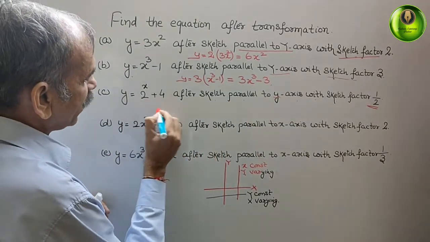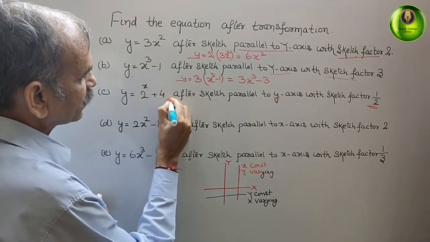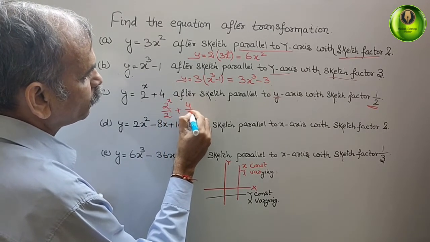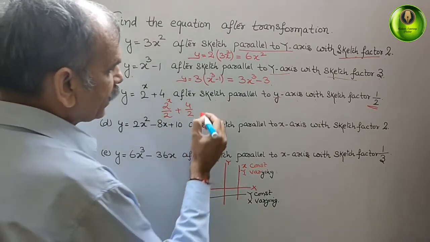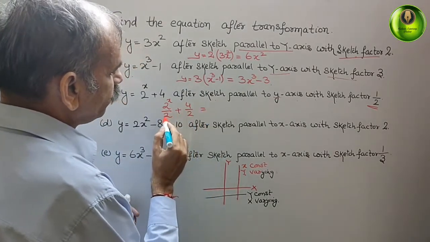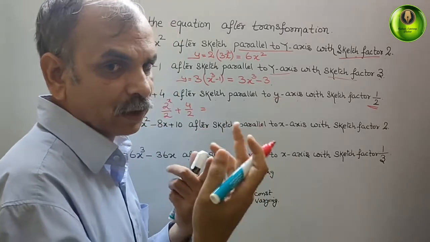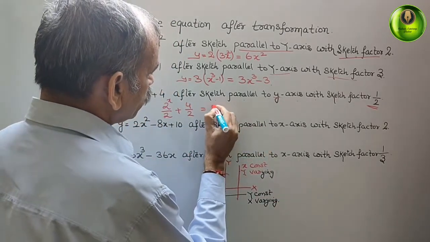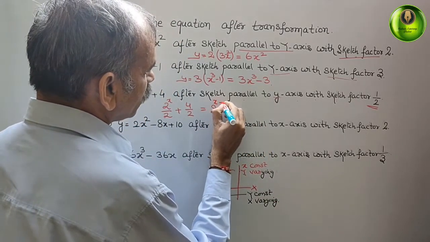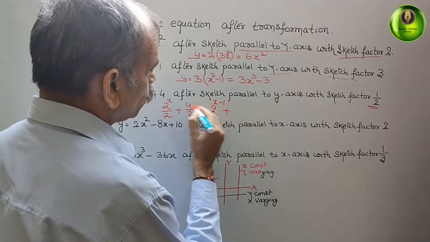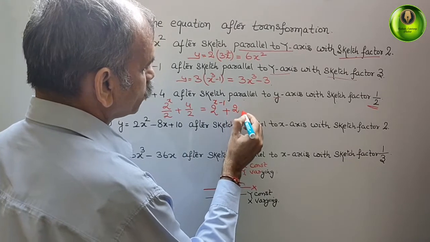So here what you will get? 2x by 2 plus 4 by 2. That is equal to, if 2 you bring upside, it will become 2 to the power of minus 1. So here it will be 2x minus 1 plus 2. 4 by 2 is 2.